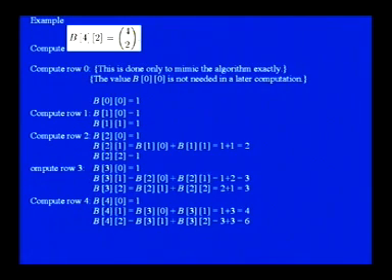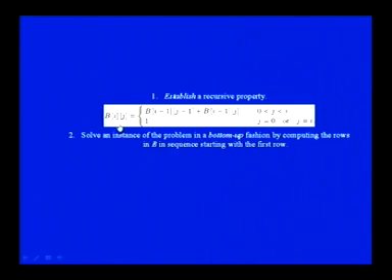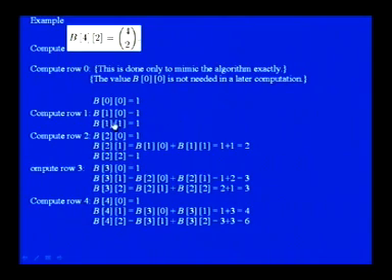So, by substituting these values of i, j into this recursive property, you can easily find the answers for everything. The next entry, b of 1, 1, is going to be 1.